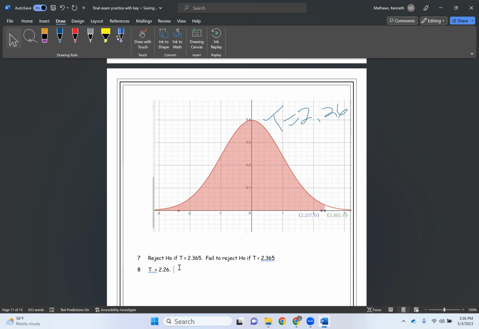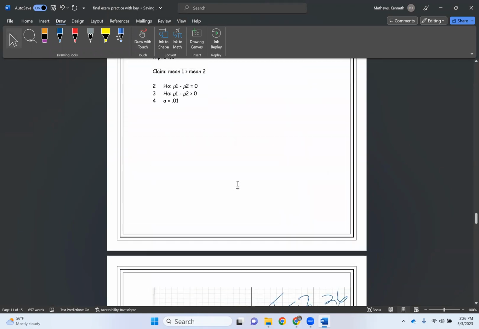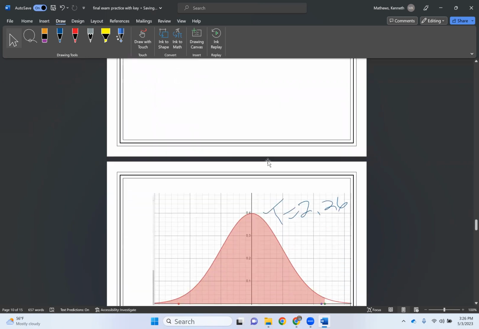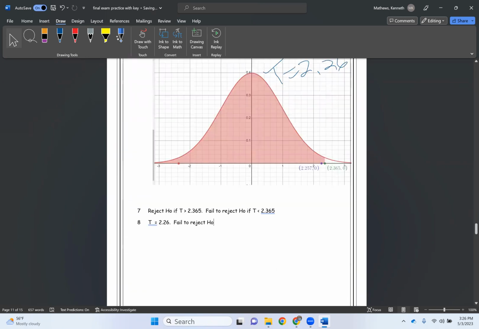Either way, we will fail to reject the null hypothesis. So that means we did not prove the alternative claim that the mean heart rate for those exposed to secondhand smoke is higher than the mean heart rate for those not exposed to secondhand smoke. But we did prove that the kids with secondhand smoke are more likely to get asthma.